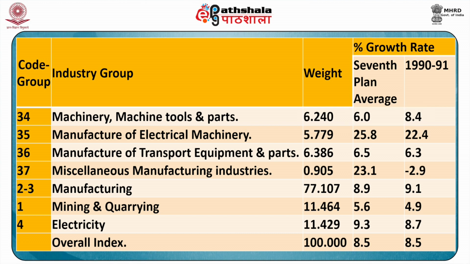Next, manufacture of electrical machinery. Its weight was 5.779 with a growth rate of 25.8% in the 7th 5-year plan and 22.4% in 1990-91. Next, manufacture of transport equipment and parts.